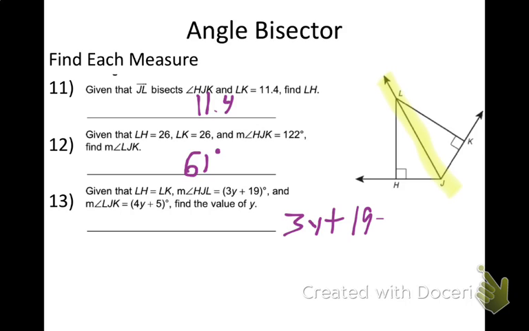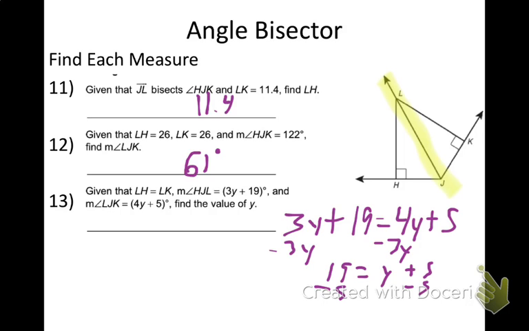So 3y plus 19 equals 4y plus 5. Okay, and you get y equals? 14. Thank you, sir. That is correct. Nice job. Y equals 14. That's all it asks you to do. If you wanted to, you could plug it back in, but it only asks us to find y there.